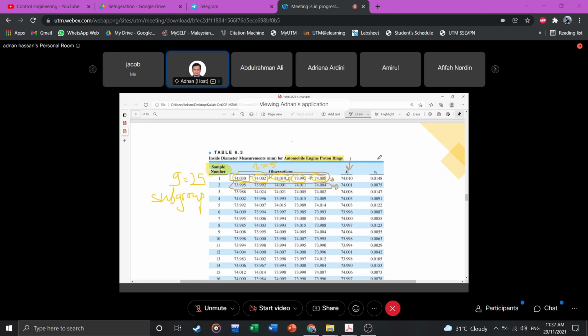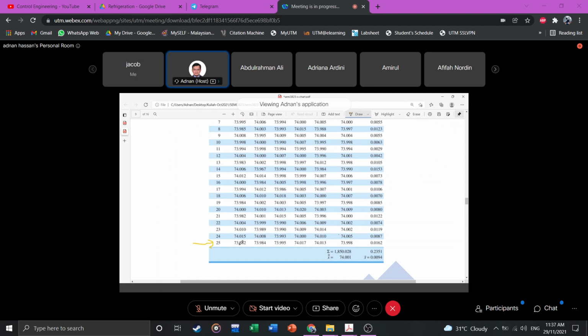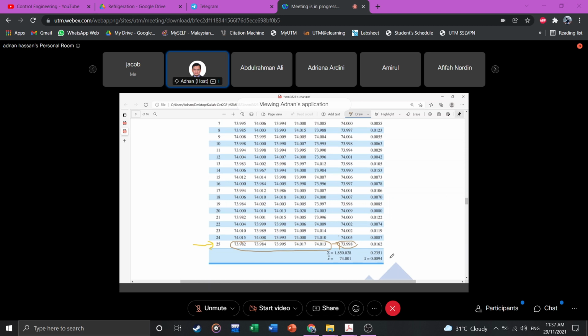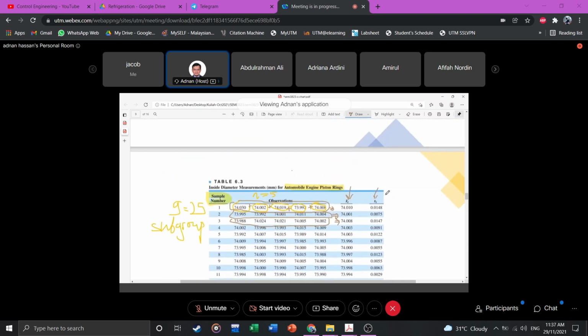We have the S here. S is the standard deviation for the sample. We continue doing this for 25 samples, until here. You do the same thing. Because we are now using X bar and S, how do we get S?